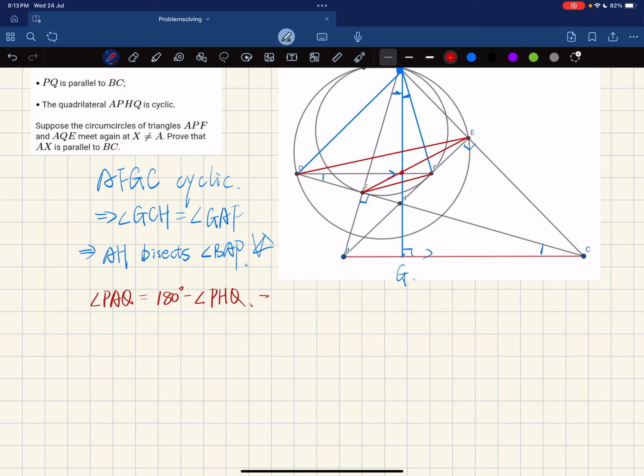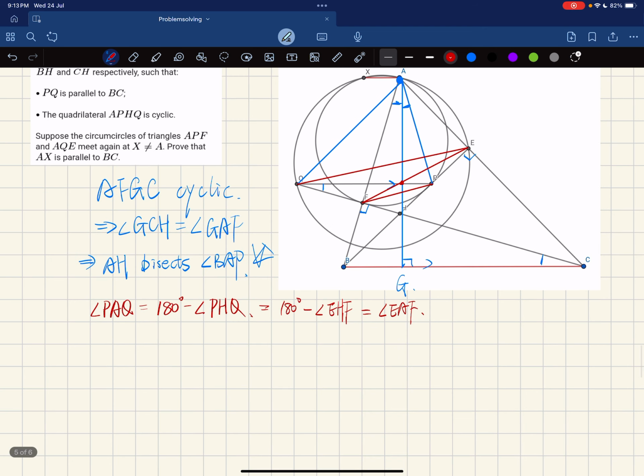So that means it equals 180 degrees minus angle EHF, which equals angle EAF.